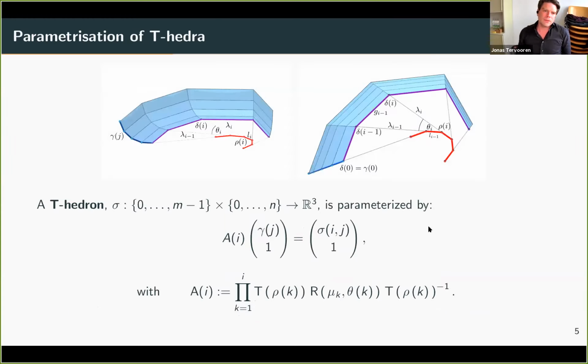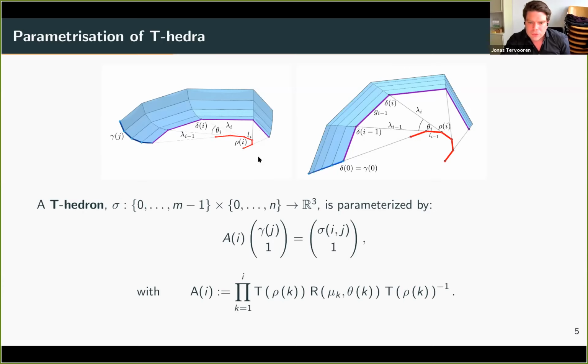Now we are ready to define the parametrization of the T-hedra by just applying the motion path to the profile curve. The motion path is defined by the prism curve O and the trajectory curve delta.